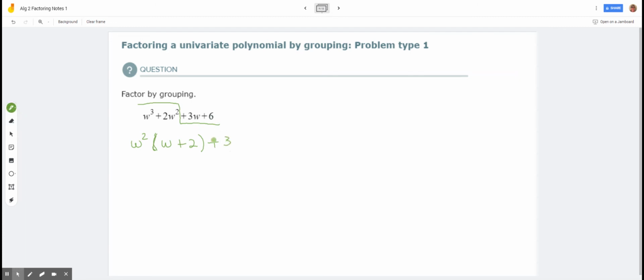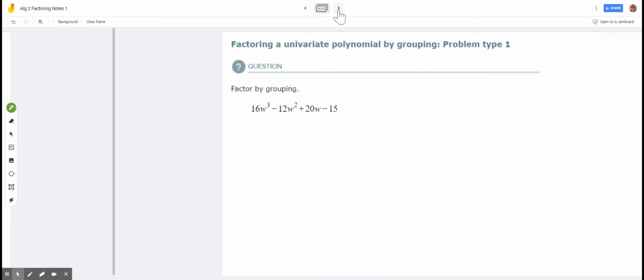It's 3. Divide each of these by 3. You're going to get W plus 2. Oh, look, they match. So now you're going to put that one here, W plus 2. We're going to factor it out and then put what's left, W squared plus 3. And that is your answer. Okay, next.